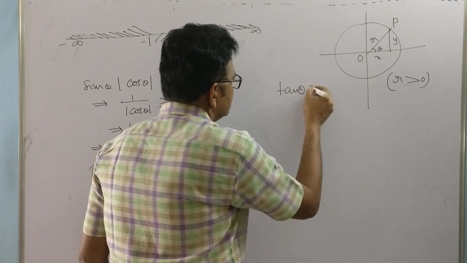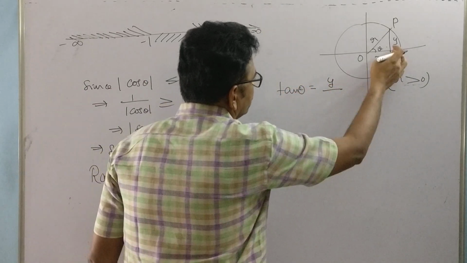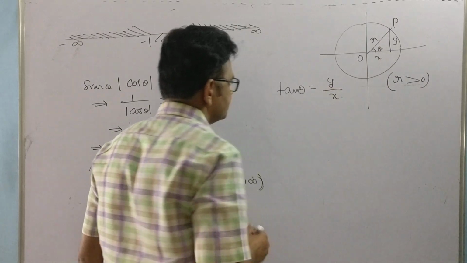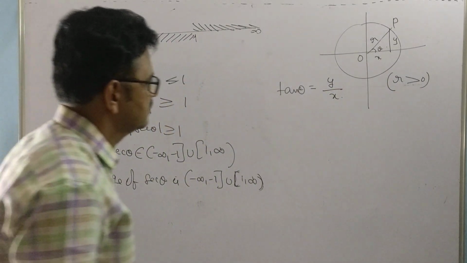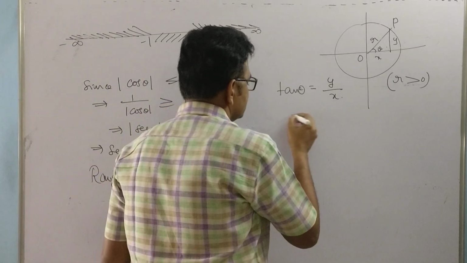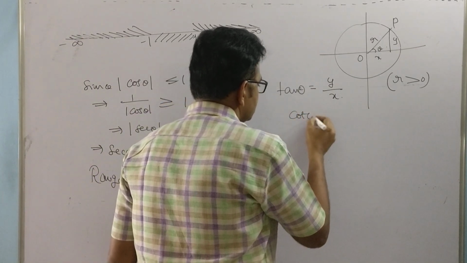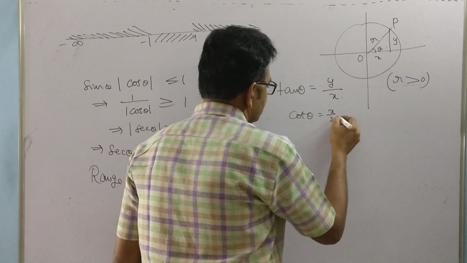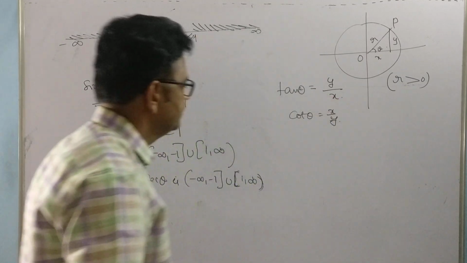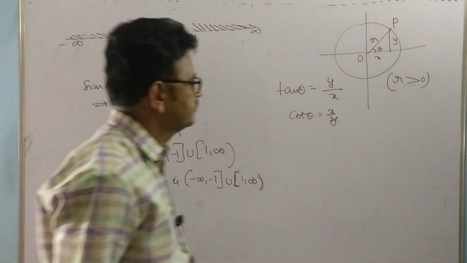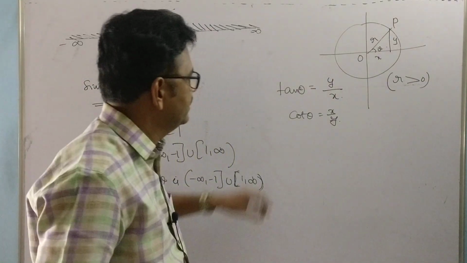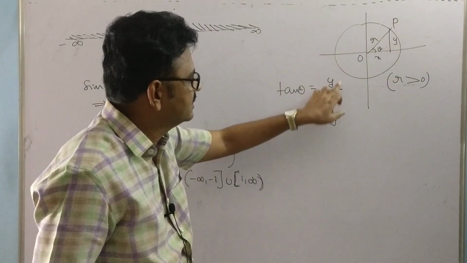Tan theta is Y by X, and cot theta is equal to X by Y.